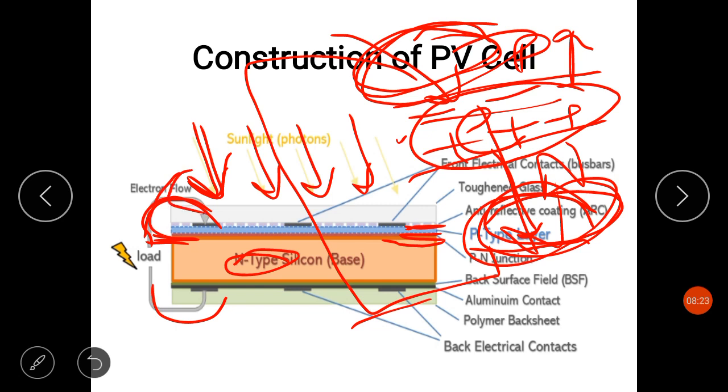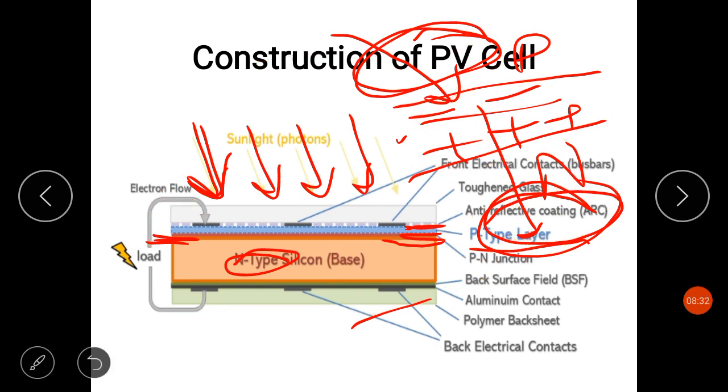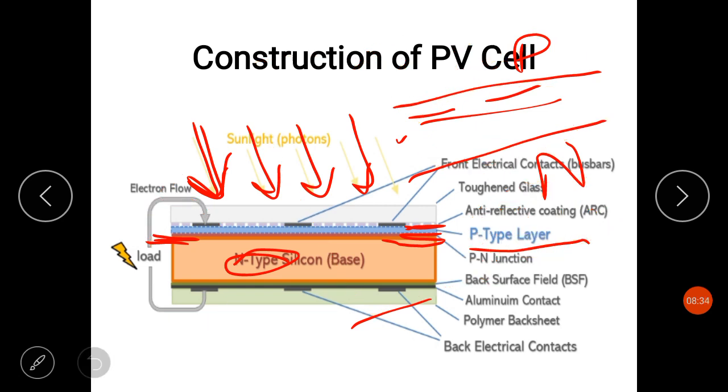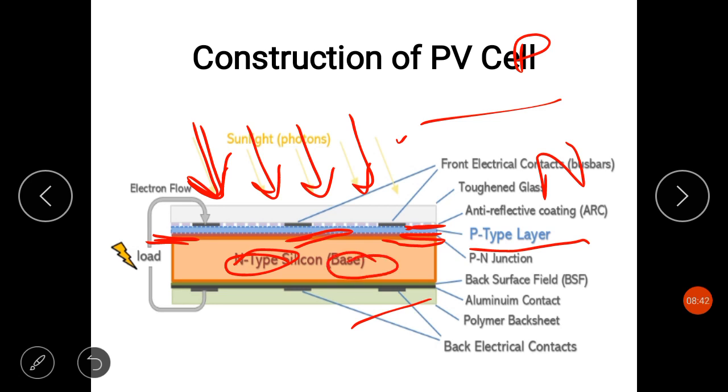The voltage induced by the PV cell depends on the intensity of light incident on it, which means if more photons are striking the depletion region, more electron hole pairs will form, more collection of electrons in the n side and more collection of holes in the p side, therefore the voltage induced by the PV cell will be more.